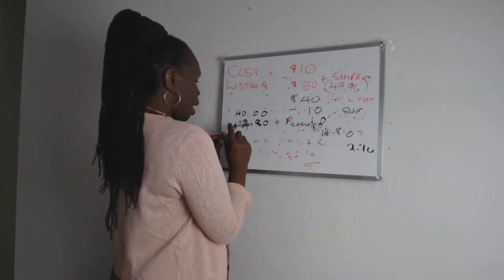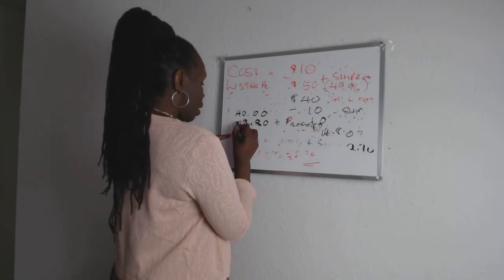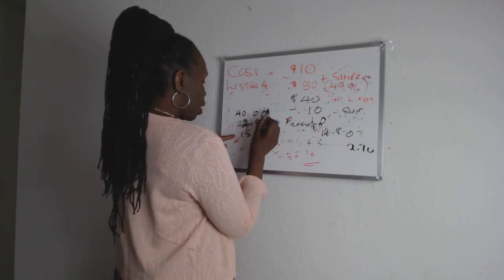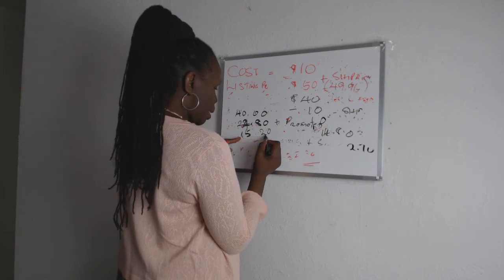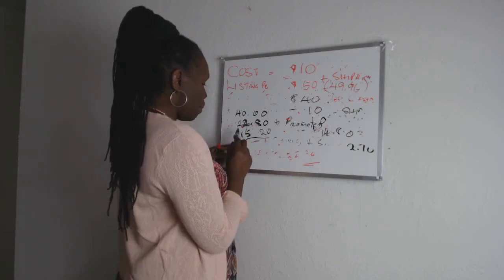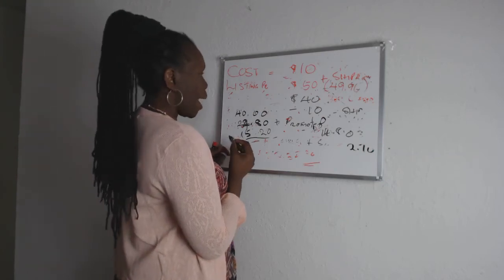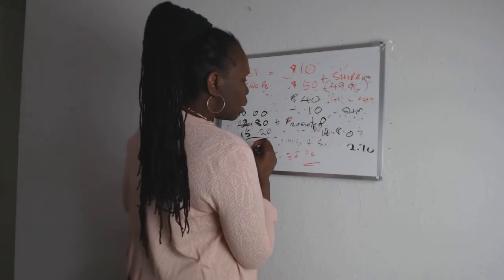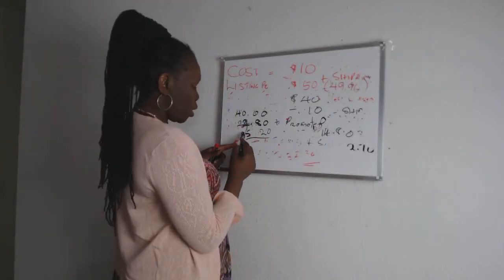Otherwise, without the promoted listings, you say $40 minus $24.80, simple mathematics. That would be $15.20. If you do get a profit like this, this is very, very good. That's with best offer and all that.